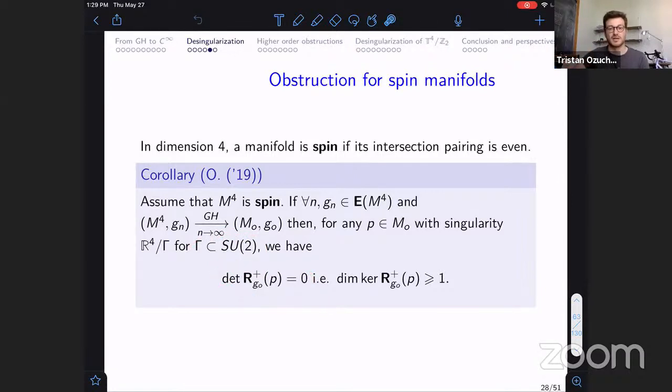So the spin assumption ensures that there are only gravitational instantons as your singularity models, by work of Nakajima, and also using some work of Kapovich and Lott to ensure that all of this works here.